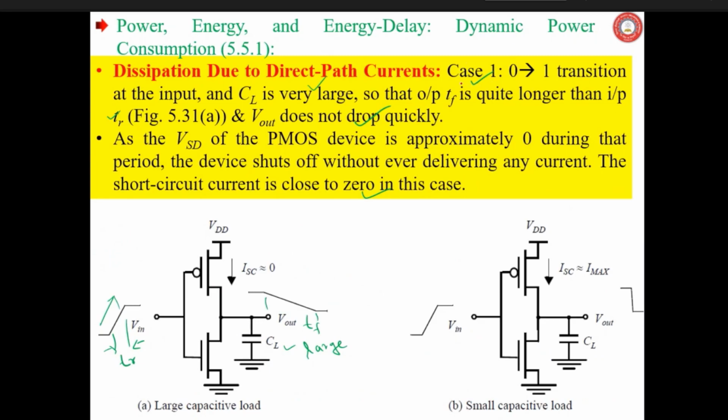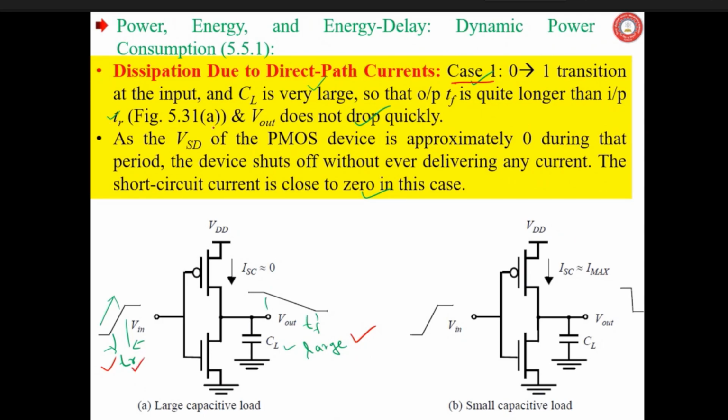Case 1. Let us study case by case. A 0 to 1 transition at the input. This is the left hand side. You have the 0 to 1 transition of the input, and the CL is very large, so that the output TF, fall time, is quite longer than the input TR, rise time.